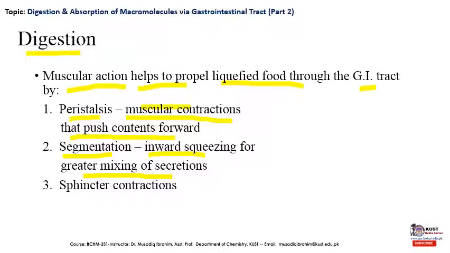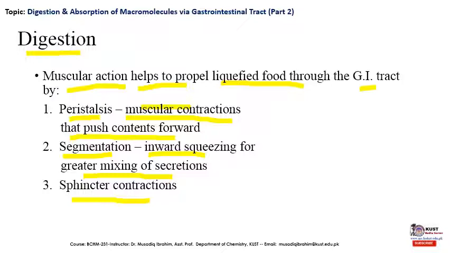And then there are the sphincter contractions, which regulate the amount of food, or partially digested food, or chyme, entering either from the esophagus to the stomach, or from the stomach to the small intestine, or from the small intestine to the large intestine.